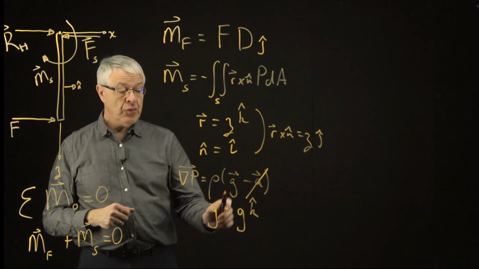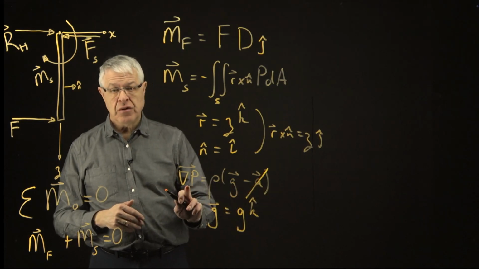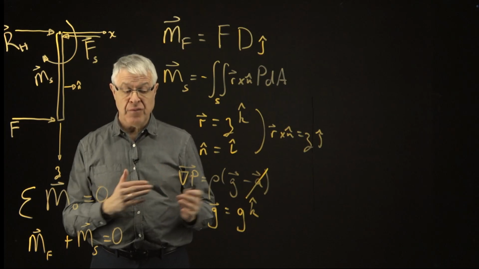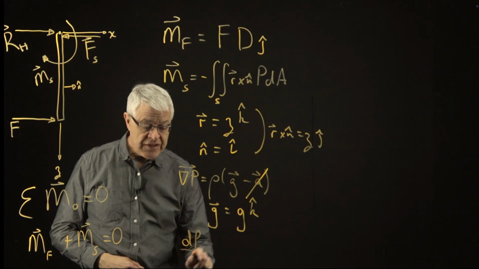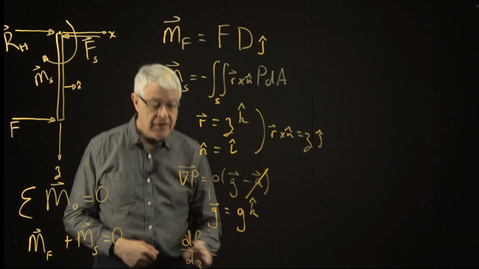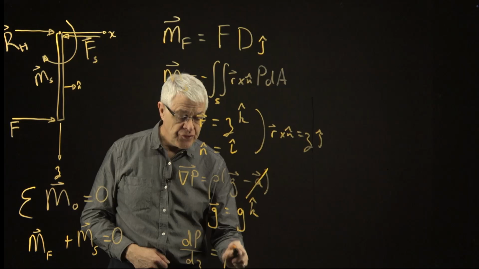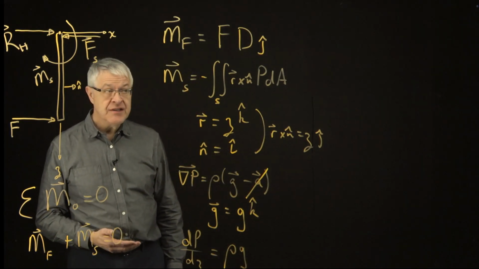So realize that we only have a k component on the right-hand side of the equation. Therefore, the only component of the pressure gradient that's not 0 is also the k component. So we can just extract that out. So this tells us dP/dz, that's just the k component of our pressure gradient, has to be equal to rho g. All right? So that's the pressure gradient in this fluid.